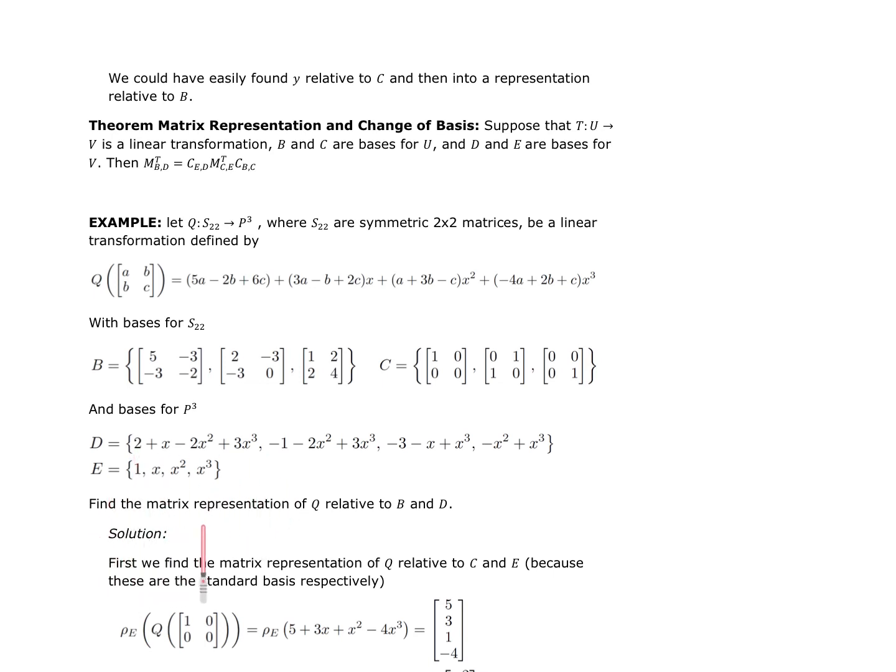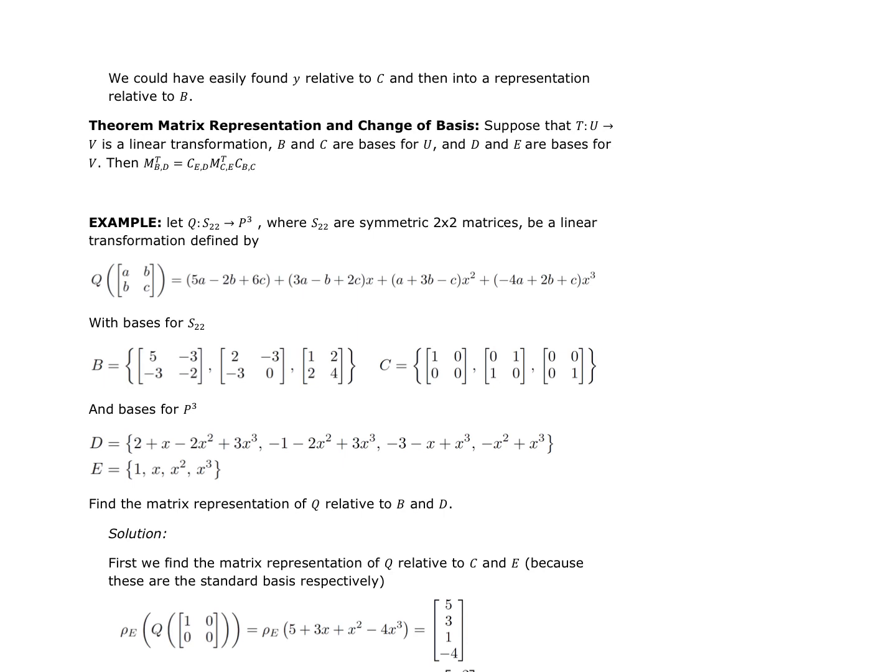I want to find the matrix representation of Q relative to B and D. Now this one's going to be slightly different because I'm going from symmetric matrices to polynomials of degree 3. Because I want to go from B to D, first I'm going to find a relationship from C to E.